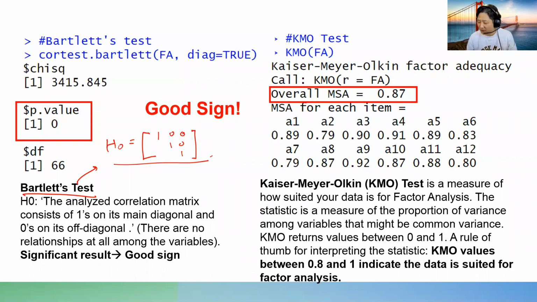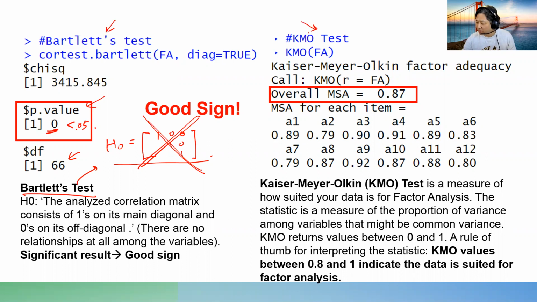If you reject this null hypothesis, that means there are statistically significant relationships among our variables. So this is degrees of freedom, and this is the p-value, less than 0.05. That's a good sign. That means we reject our null hypothesis, so there are statistically significant relationships among variables. That is Bartlett's test.